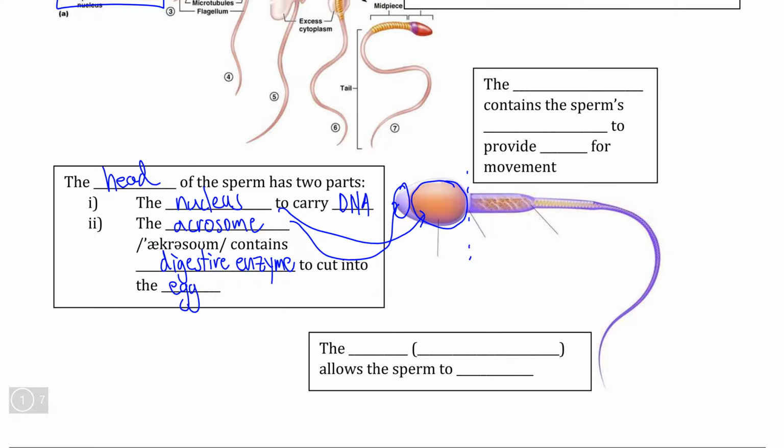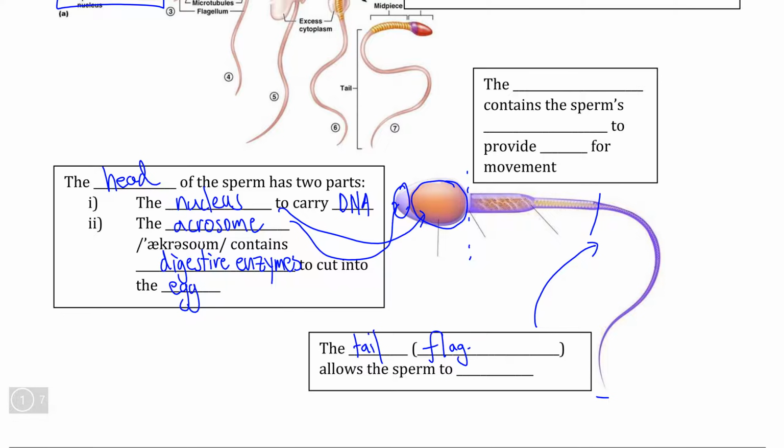One of the reasons why one egg can only be fertilized by one sperm is that as soon as the first sperm uses its digestive enzymes in the acrosome to cut into the egg, the structure of the egg becomes more rigid and prevents any additional sperm from being able to cut their way in. All of this is mediated by the acrosome.